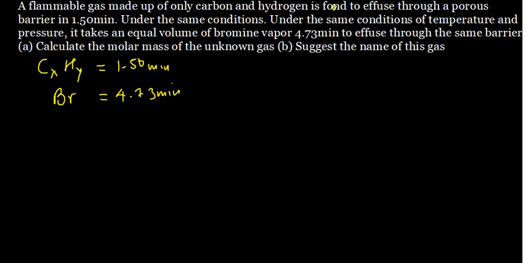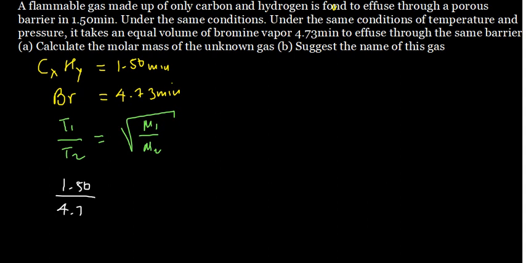What will be the molar mass? How do you get to determine that? We have been given the time here, so we're going to say t1 over t2 is equal to the square root of m1 over m2. So let's substitute t1, that is 1.50, over t2, that is 4.73.